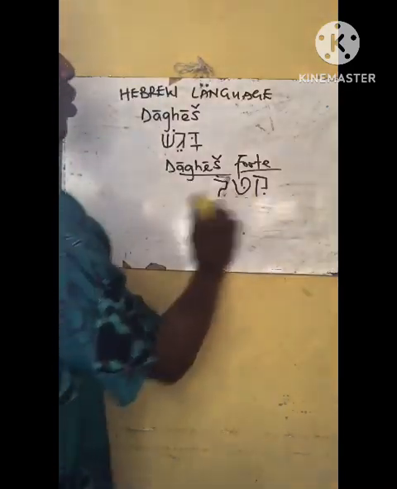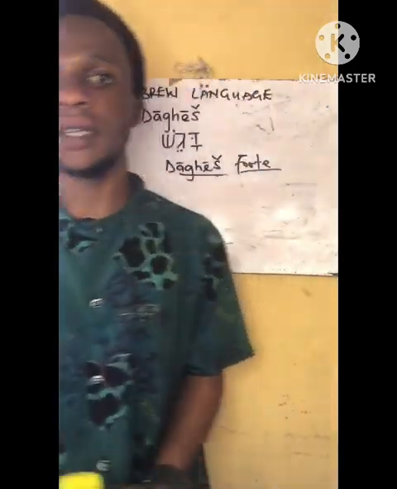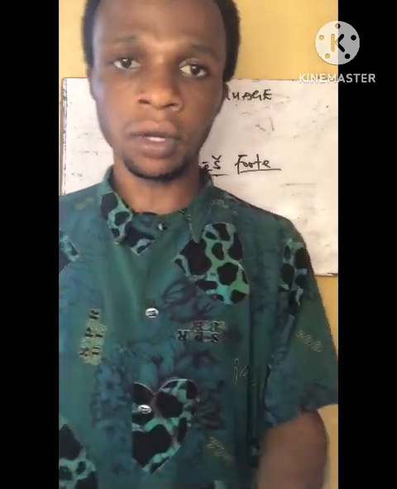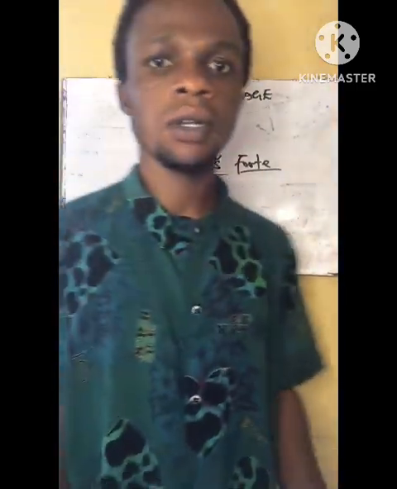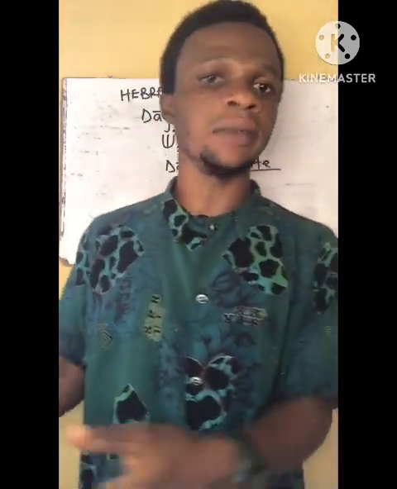Now Dāghēš fort continues, because that is not everything about Dāghēš fort. There are some rules we have to get to know about it. Now when we talk about Dāghēš fort, this dot is limited to some letters.